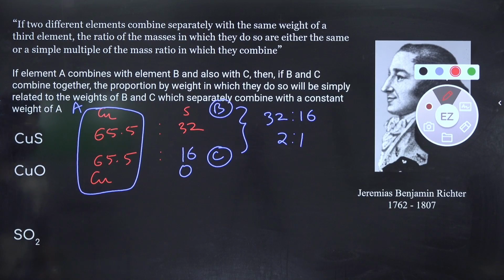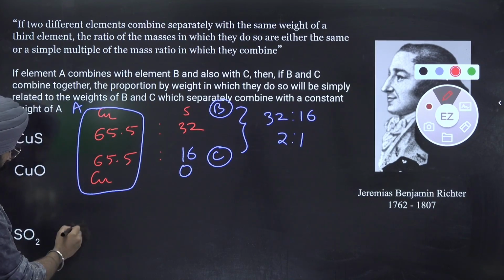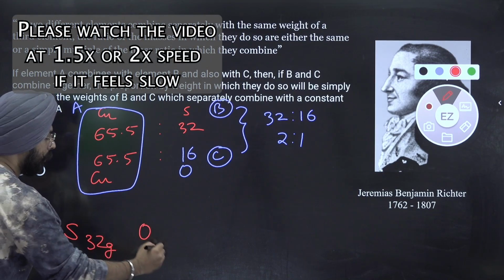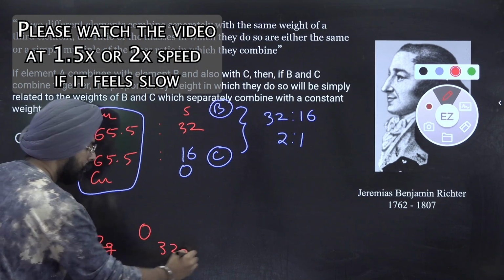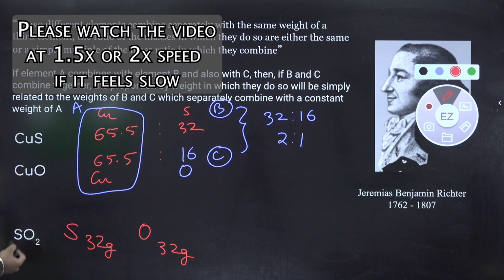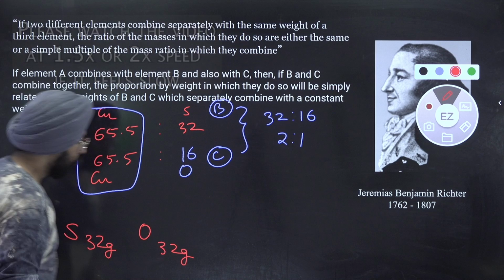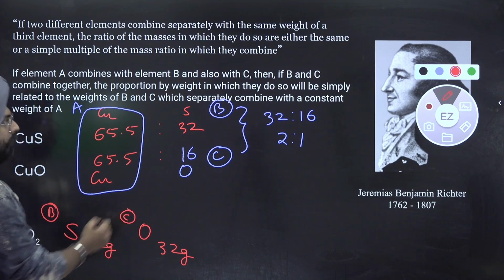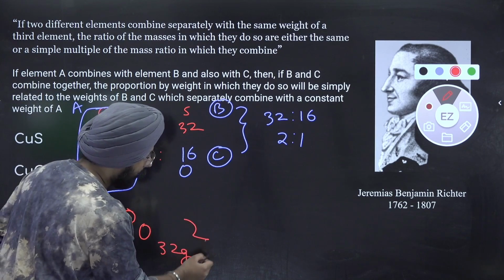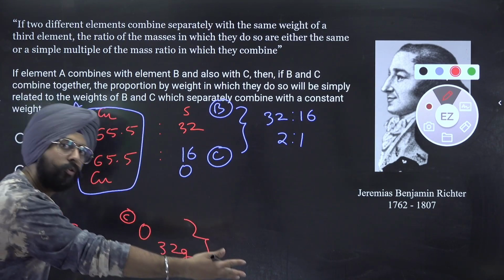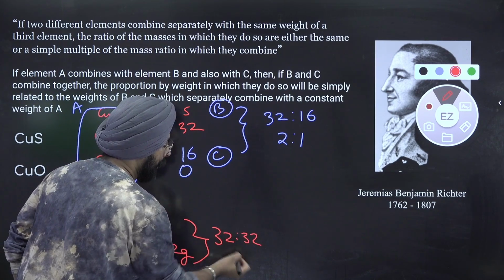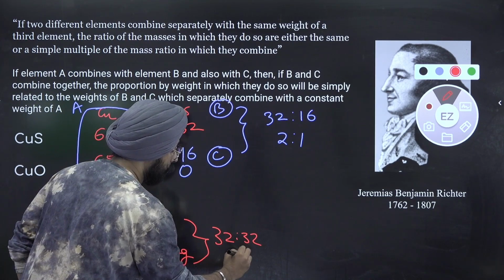Fine. In SO2, what's going on? Sulfur will be 32 grams. Oxygen is also 32 grams. Right? 1 sulfur, 32. 2 oxygens, that is 16 is to 2, 32. So over here, people, this was my B, this was my C. If over here I have to take the ratio of B is to C, what will be the ratio? 32 is to 32, or I can simply write it as 1 is to 1.